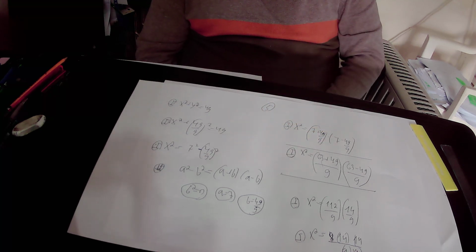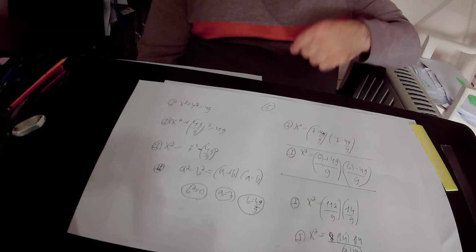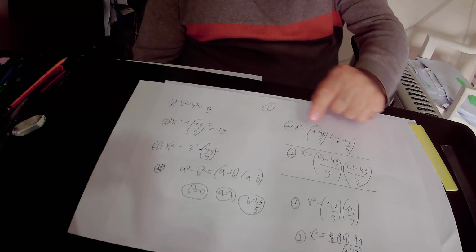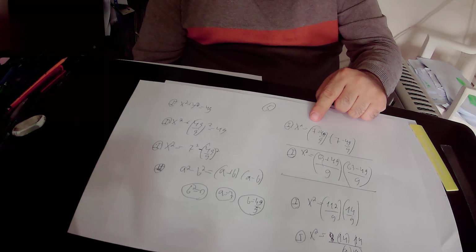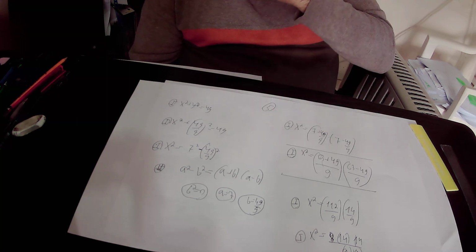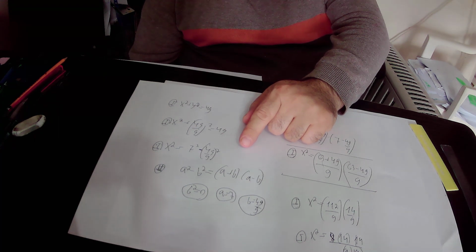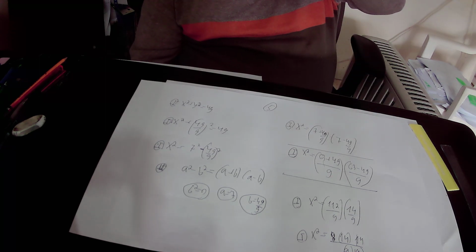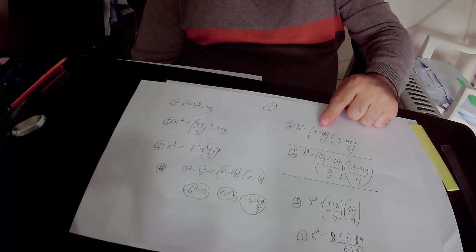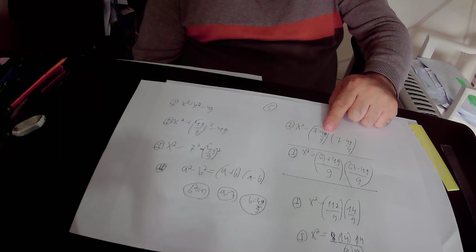Then we use the identity that a squared minus b squared equals (a plus b) times (a minus b) in order to simplify this expression. In our specific expression, a is 7 and b is 49 over 9, so x squared equals (a plus b)(a minus b). We multiply this expression by 9 and then divide it by 9 in order to have a common denominator with 49 over 9.